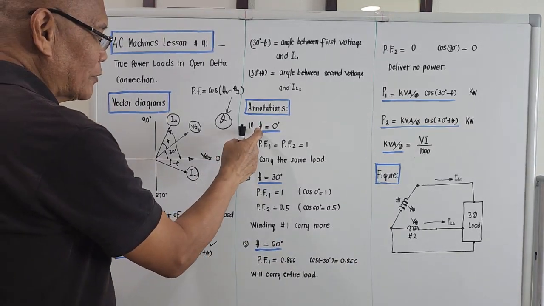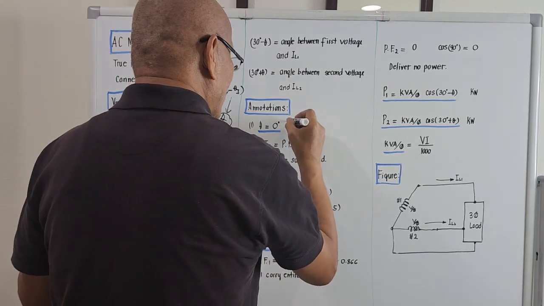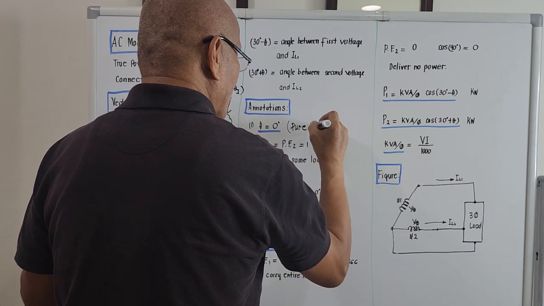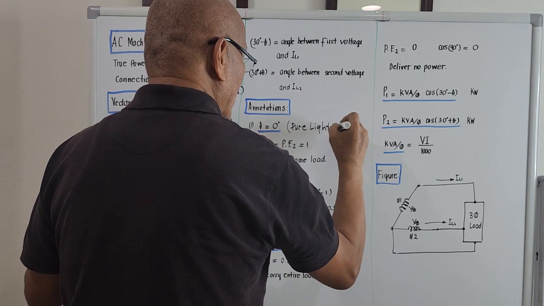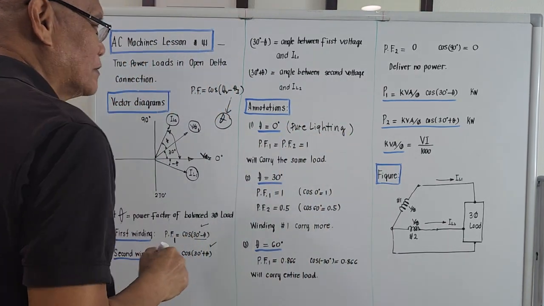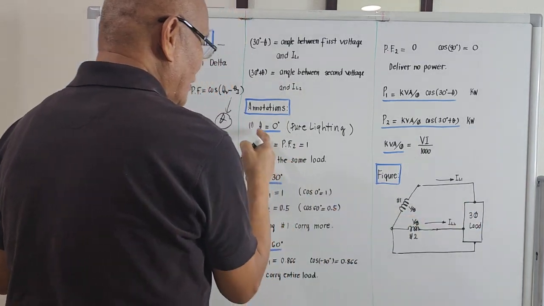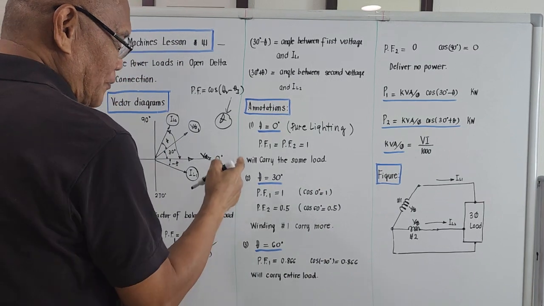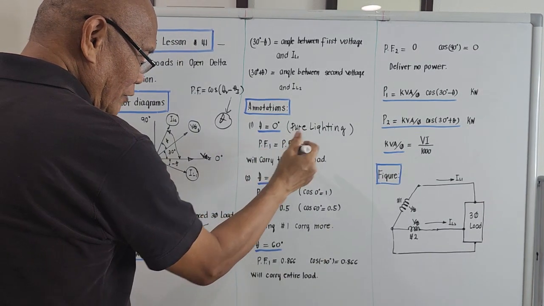When the power factor angle is 0 degrees, meaning the load is purely resistive, all lights, right? When theta is 0, it's a pure lighting load. Therefore, power factor number 1 should be equal to power factor number 2, and this should be equal to 1. How is that so?